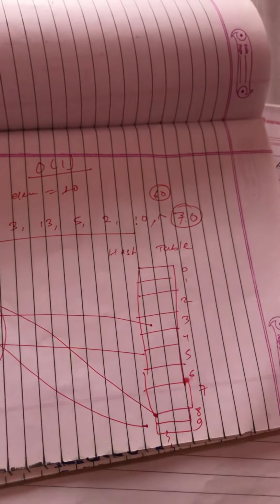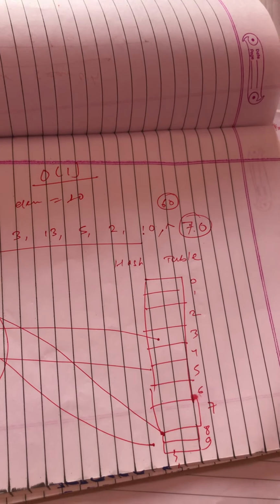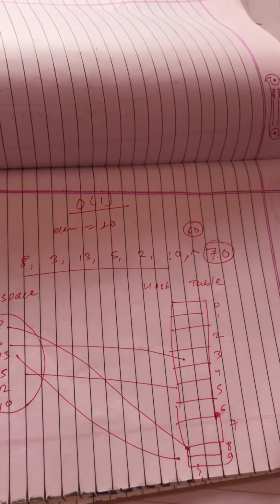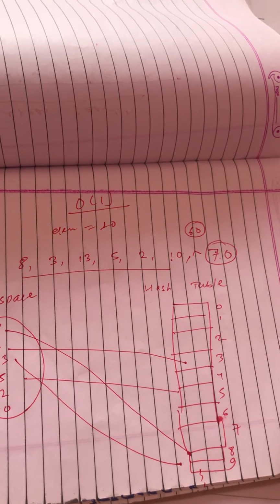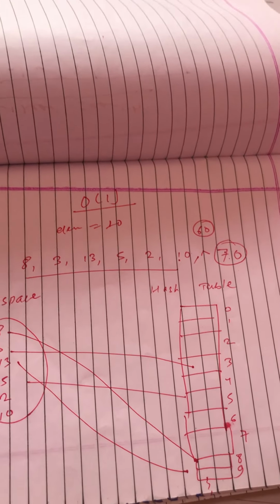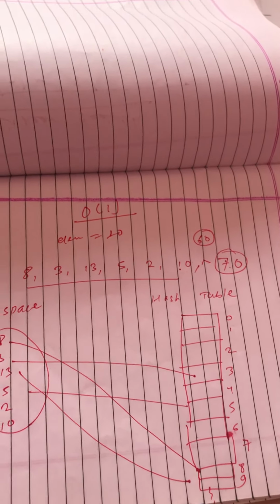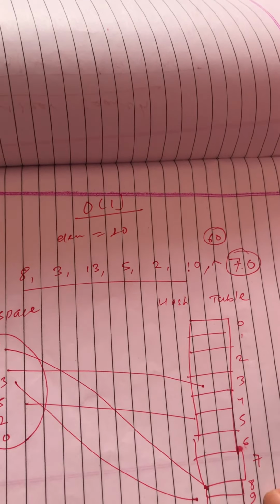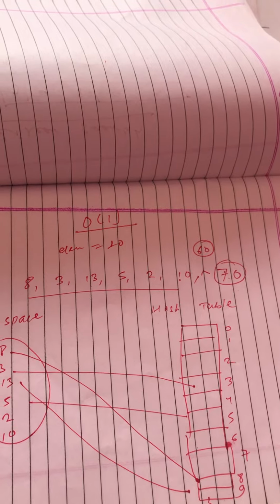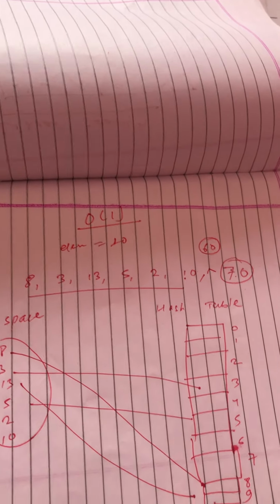Now 60 slots will be unused during this technique. So we have to make it more efficient by using another hash function, so that the memory is not wasted. It is the main problem in hashing, but it is the initial phase.